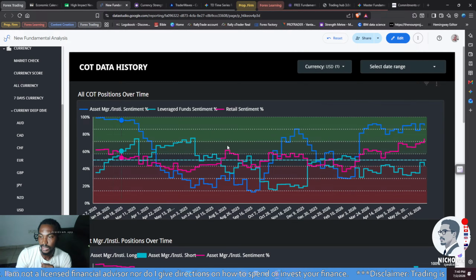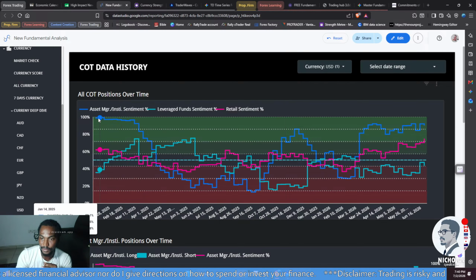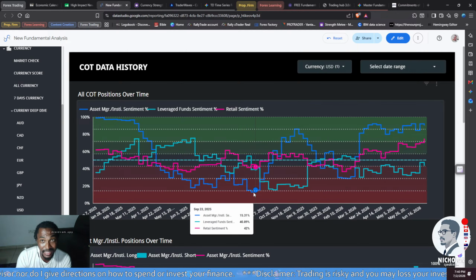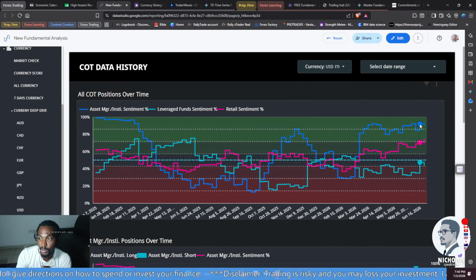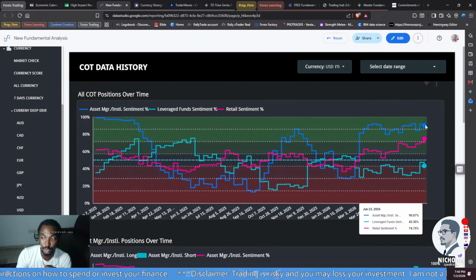You can see that these asset managers went all the way from being very positive about the dollar back in January 2025 to being very negative about that same dollar in September 2025. Now they are extremely positive about the same dollar again today as of June 2026. That was just last month here.